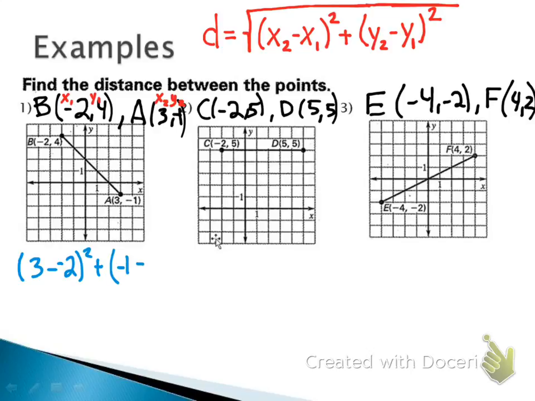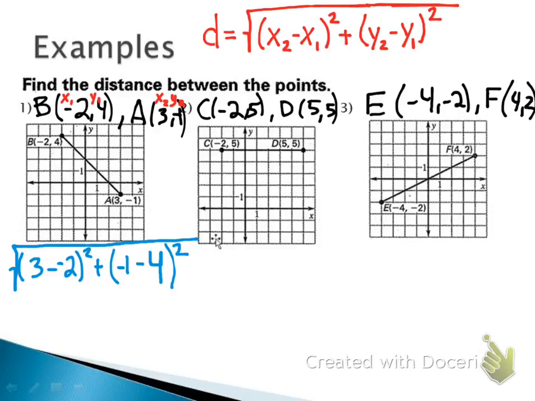Minus, what is my y1? Four? Anybody? Good. And then what am I missing? The big radical. Good. Now you can do it step by step.